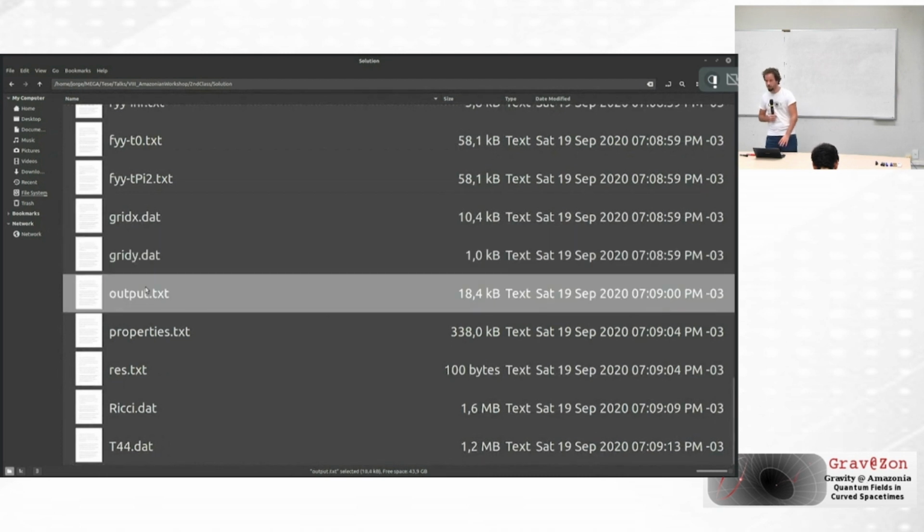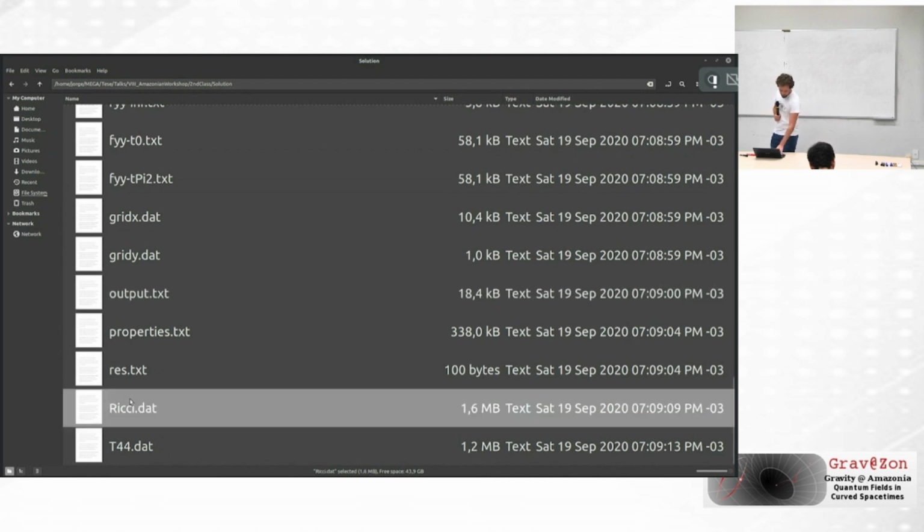You also have the output, which is exactly the same that I showed in the last lecture. And we also have, for example, this Ricci data, which has the Ricci scalar, the two constraint equations, and the Kretschmann scalar. So you can use this file to plot everything to see if everything is smooth, if everything is right, and to evaluate the solution.